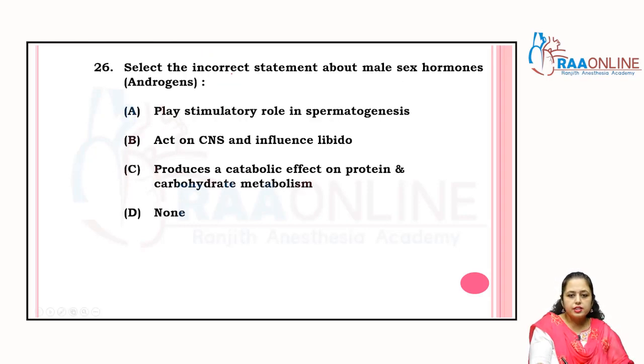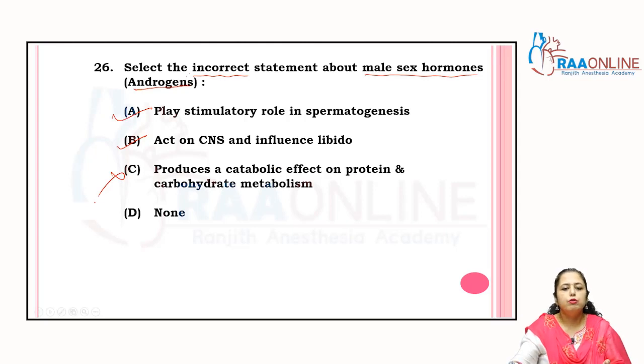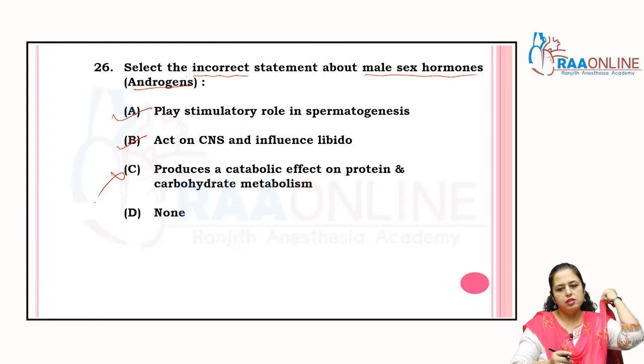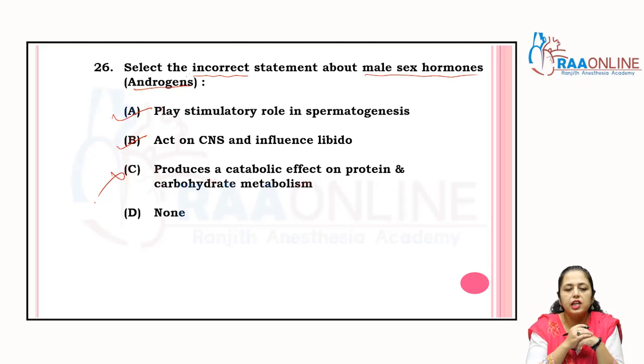Select the incorrect statement about the male sex hormones, that is androgens. Plays stimulatory role in spermatogenesis. Correct. Acts on the CNS and influences the libido. Correct. It produces the catabolic effect on protein, and no, there is no effect of androgen on the catabolism or effect on the protein and the carbohydrate metabolism, right?